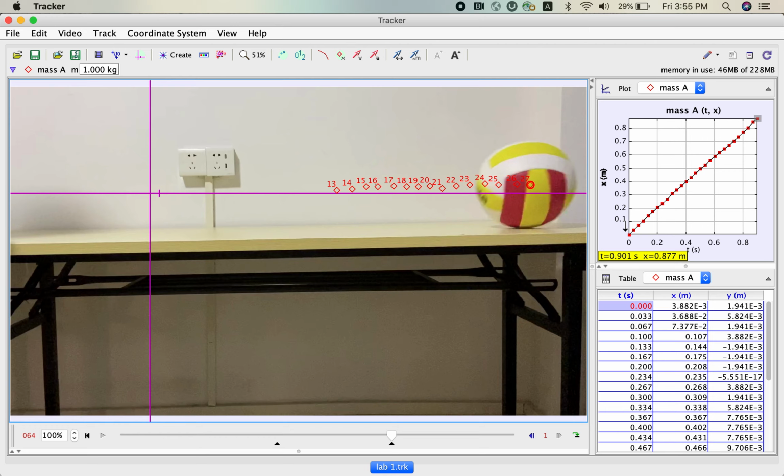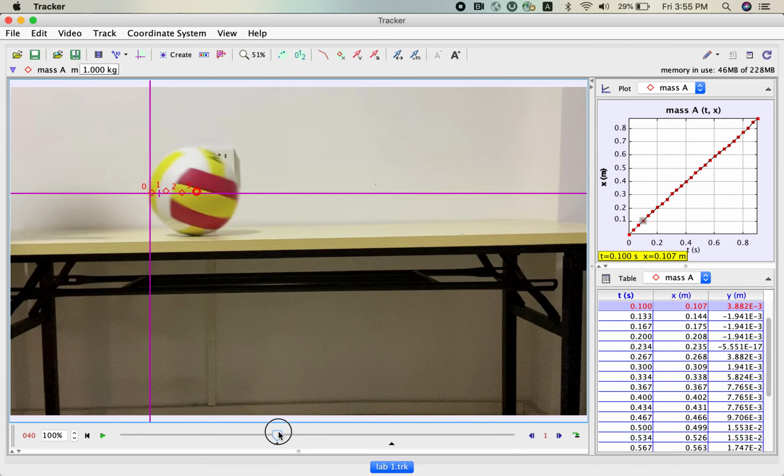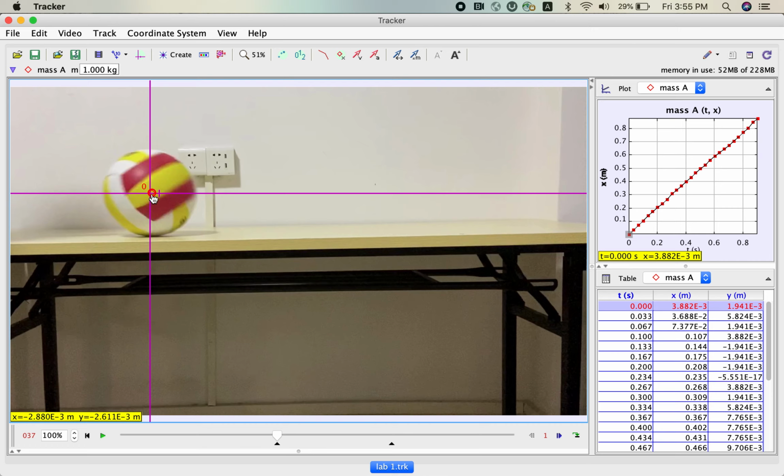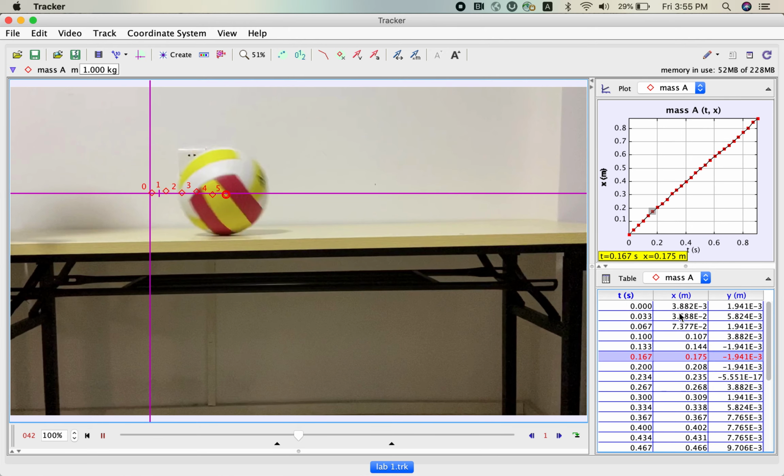Probably the x position of the baseball will be negative rather than positive. However, the changing position divided by the changing time will still remain the same. And I track the baseball by finding the center of mass, and then I obtain the data here and the graph here.